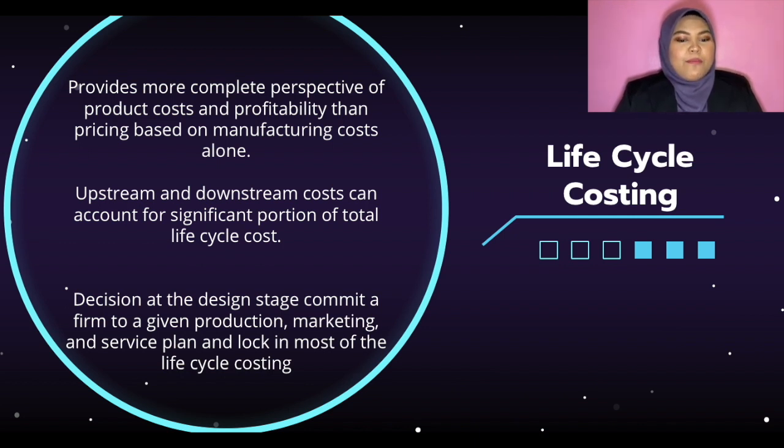First, it provides a more complete perspective of product cost and profitability than pricing based on manufacturing costs alone. Second, upstream and downstream costs can account for a significant portion of total life cycle costs. Third, decisions at the design stage commit a firm to a given production, marketing, and service plan and lock in most of the life cycle costs.